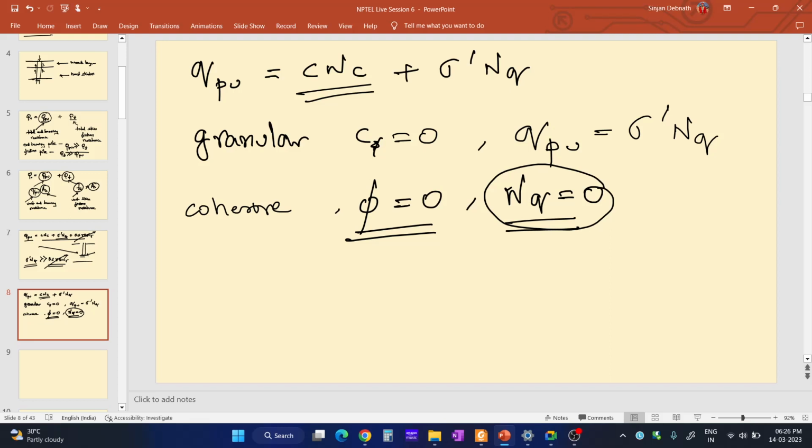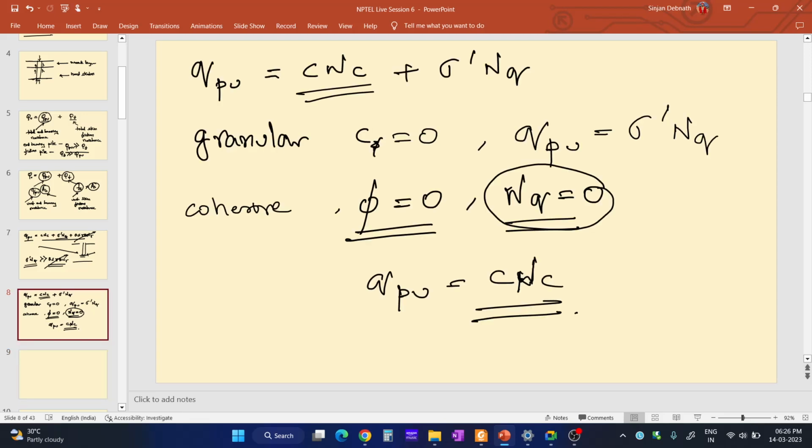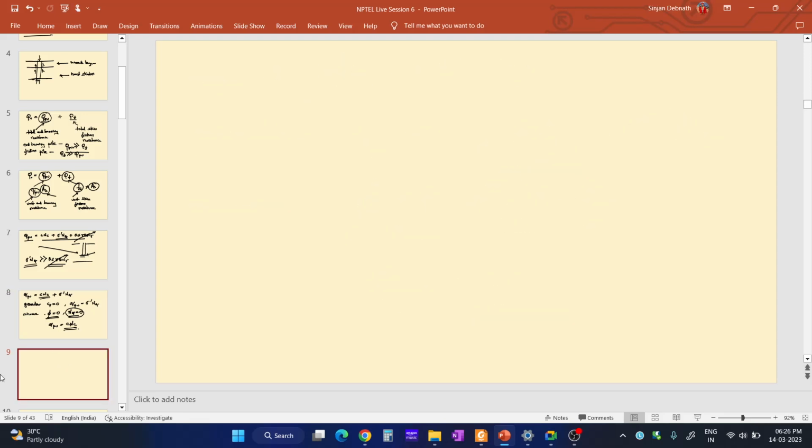If phi is 0, the second term is also 0, since it depends upon phi. So in case of cohesive soil, this Qpu is equal to c Nc only. So why I am writing all these things, you will understand.